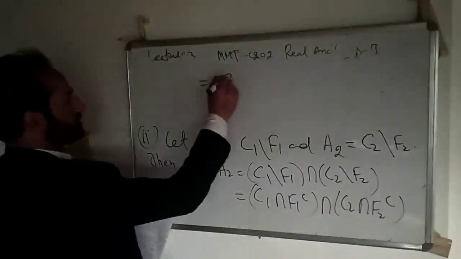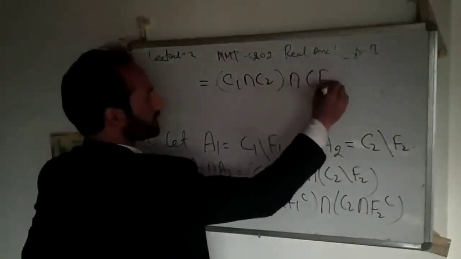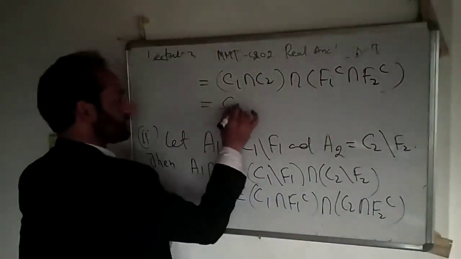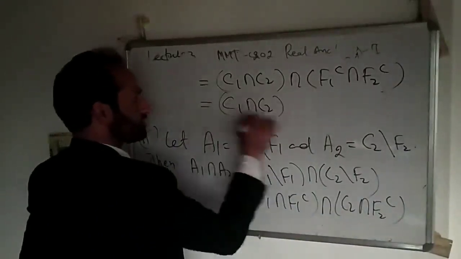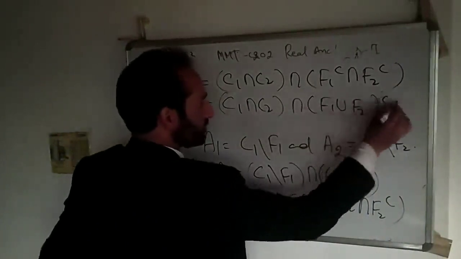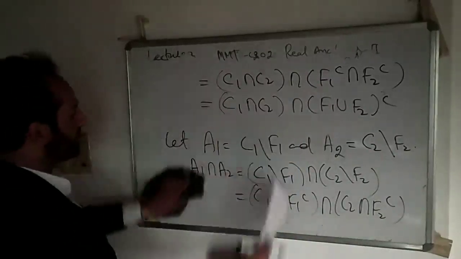That's equal to C1 intersection C2 intersection F1 complement intersection F2 complement, which is C1 intersection C2 intersection (F1 union F2) whole complement, by De Morgan's law.